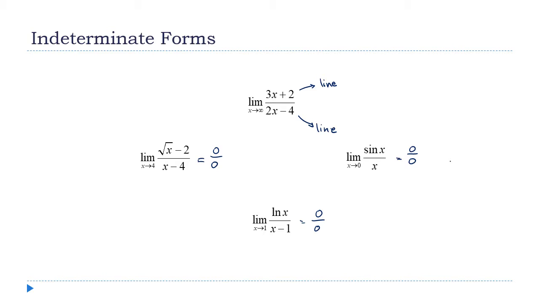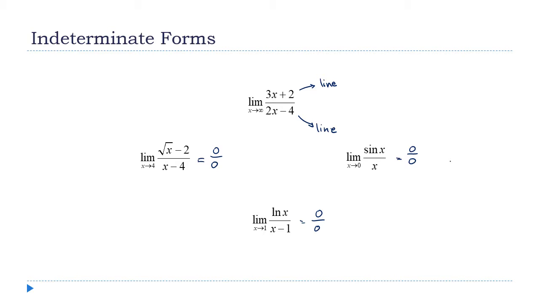So even though both functions are going to infinity, the rates at which they're doing it have this relationship, and that relationship ends up being the limit. I kept talking about comparing, instead of the functions, the rate of change of the functions.